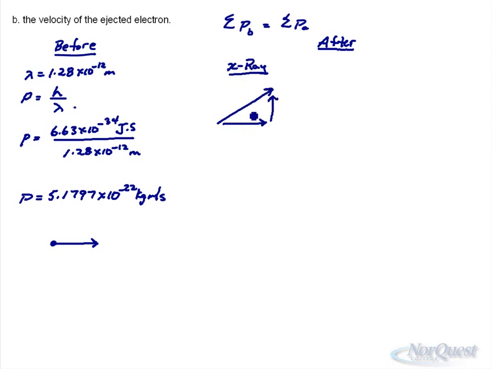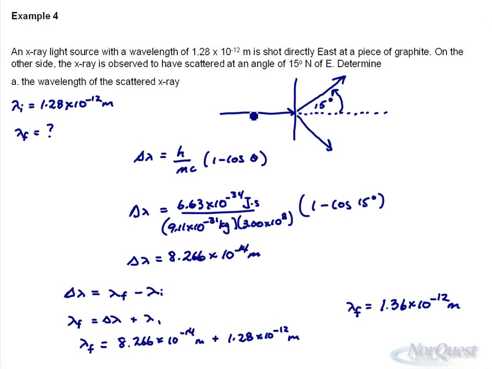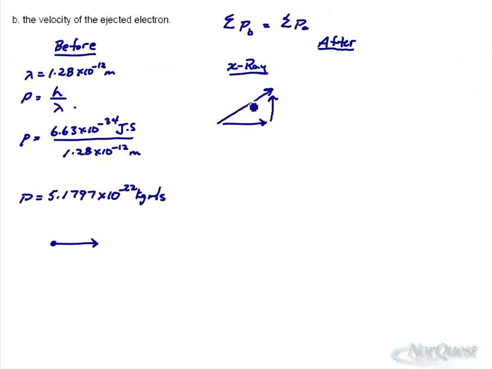We know the angle from the original question was 15 degrees north of east. So 15 degrees. And what we are going to need to do is find the Y component and the X component of this momentum.